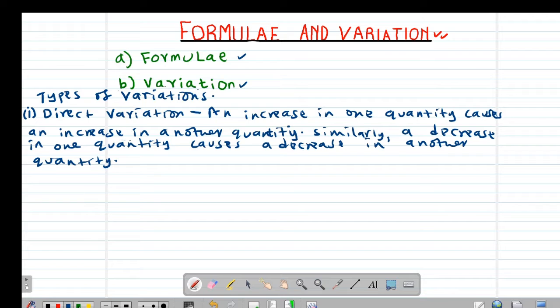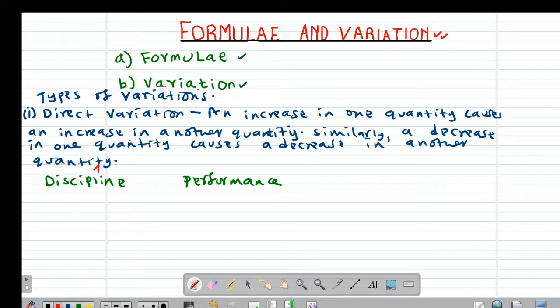For example, we can look at two quantities. One, I'm going to look at discipline as a quantity, and the other quantity we are going to look at is performance. We want to compare these two. What happens if the level of discipline goes high?